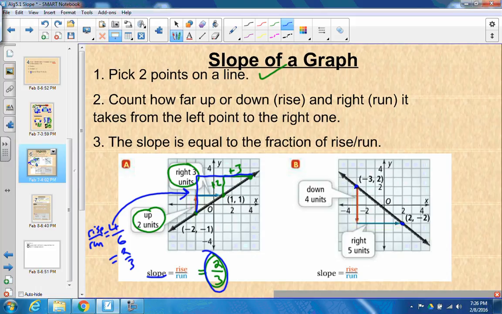We go down 4 units, so the rise would be -4 because you're going down. And right 5 units, so that'd be +5. So your slope would be -4 over 5 because that can't be reduced. Down 4 over 5, -4 over 5. Rise over run. Okay? So the fraction is rise over run.